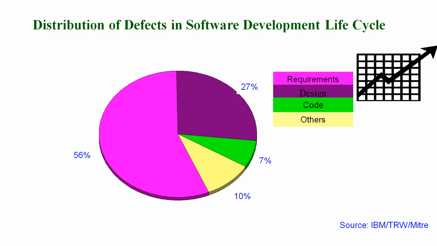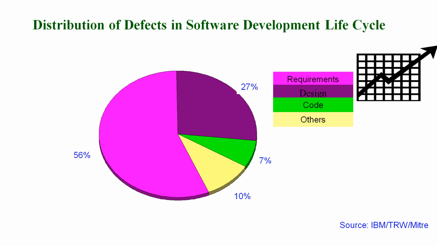And the next is 7% of the defects possible in coding. That means due to bad coding or poor coding, there is a chance to have 7% of the defects in the coding stage. And the remaining 10% of the defects are due to different miscellaneous reasons, right? This is the distribution of defects in SDLC stages.